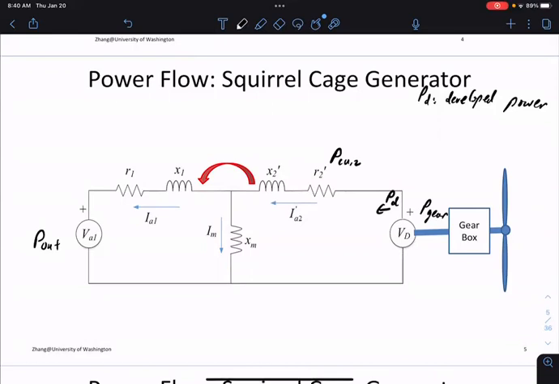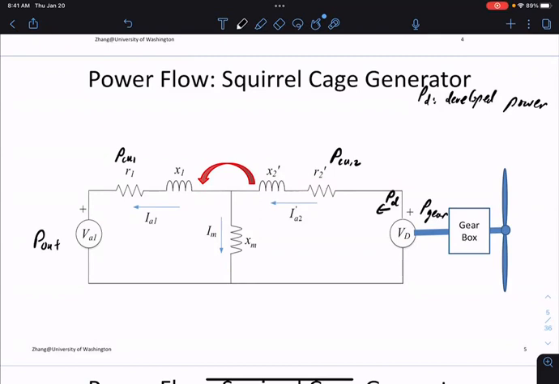The CU stands for copper loss, heat being dissipated through the resistor. So we have some copper loss on R2 prime. Similarly, the power lost on R1 is PCU1, the copper loss on resistor 1.